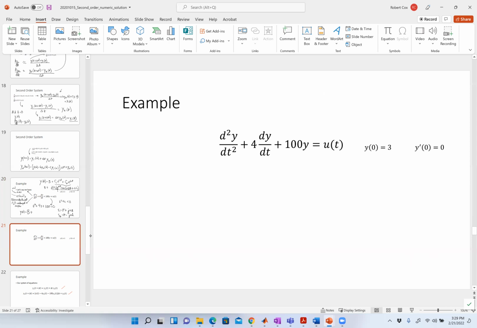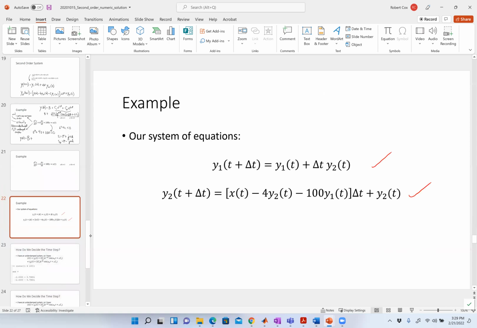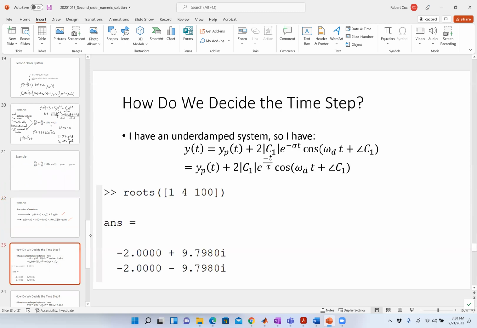So if I have this problem here and I were to code this guy up and go back to the way I quote unquote discretize the problem, I get those 2 equations which go into a for loop. Then I have to choose effectively what's going to be my time step.